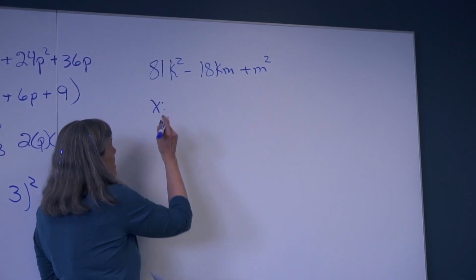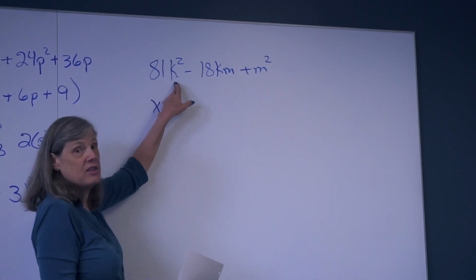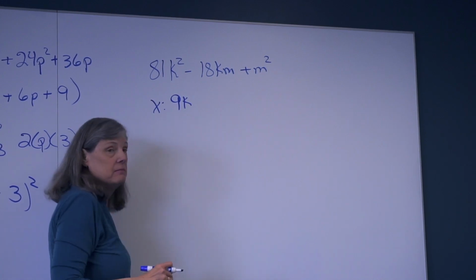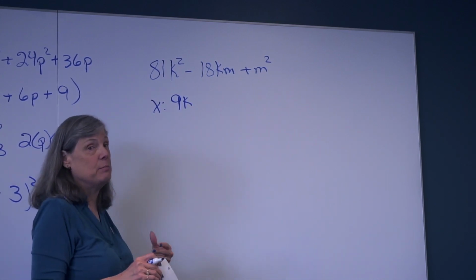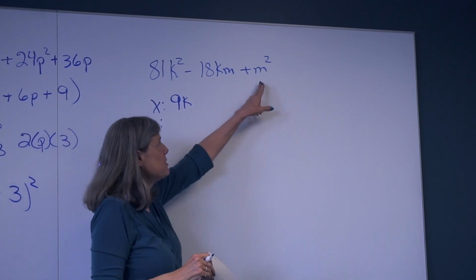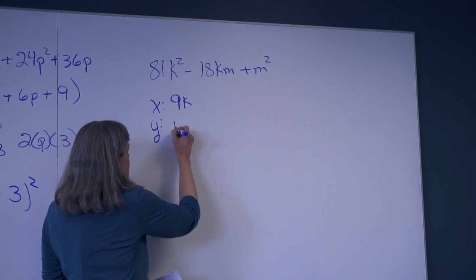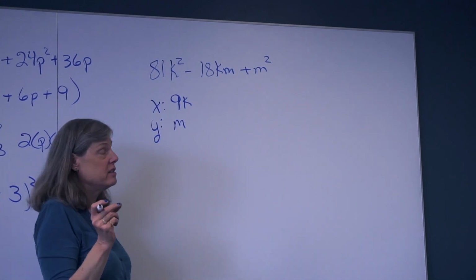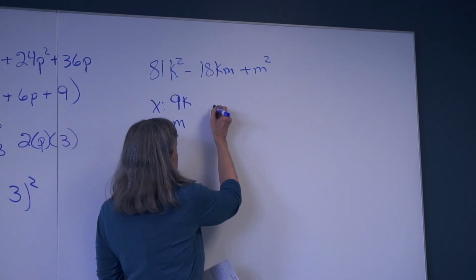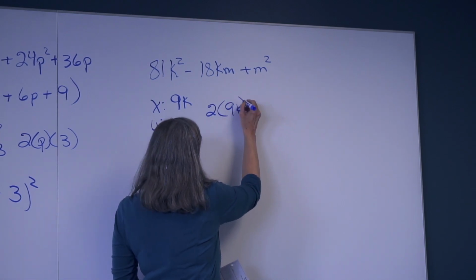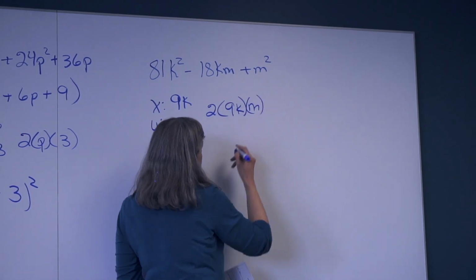Can I get an even square root of 81k squared? Well, that would be 9k. 9k times 9k would be 81k squared. Can I get an even square root of m squared? Yep. That's m. Now I need to check my middle term. I don't need to do that on a difference of squares, but I do on a perfect square trinomial. 2 times 9k times m.